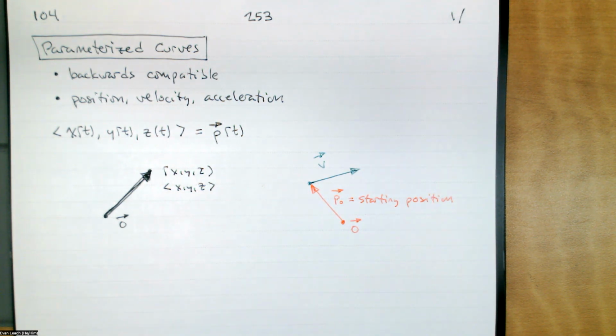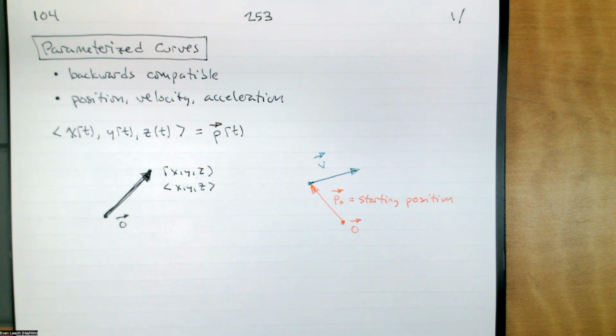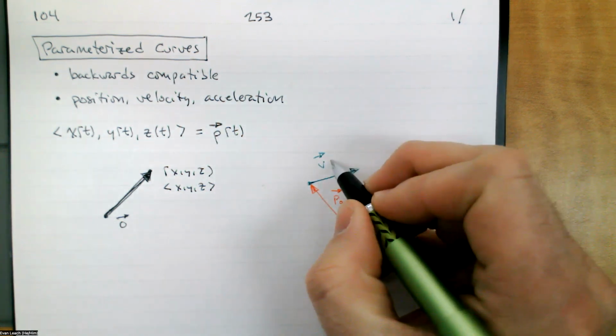So it's not that unusual to describe locations with vectors. But when we're describing a position vector, one end is the origin, and then the other end is the position. And then V was the direction.